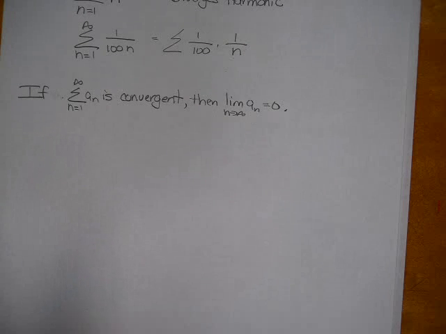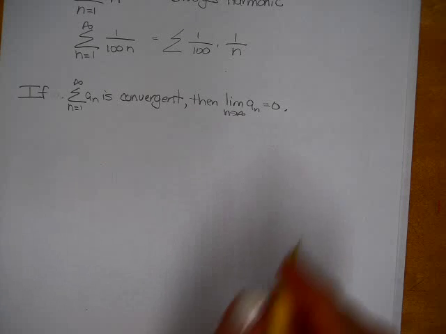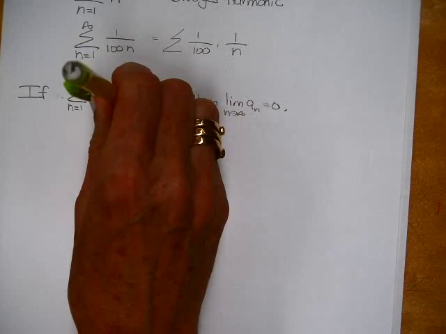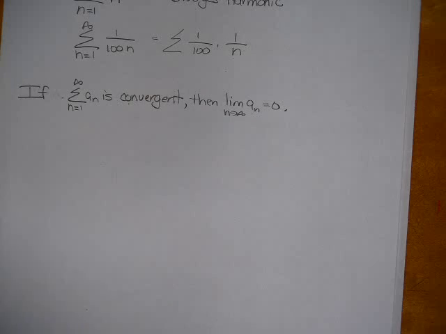I cannot caution you enough, this does not say that if the limit is 0, it is convergent. It says if it's convergent, the limit would be 0.